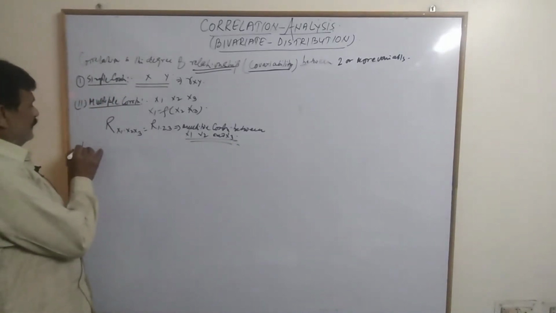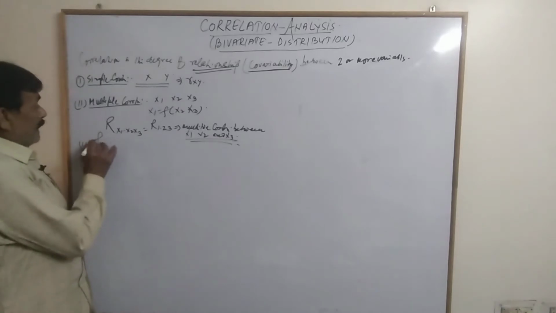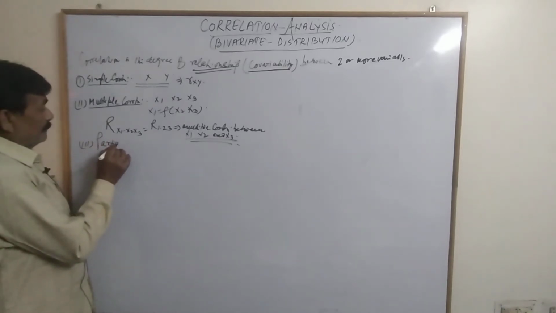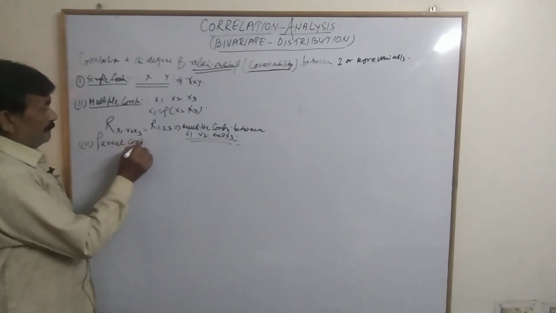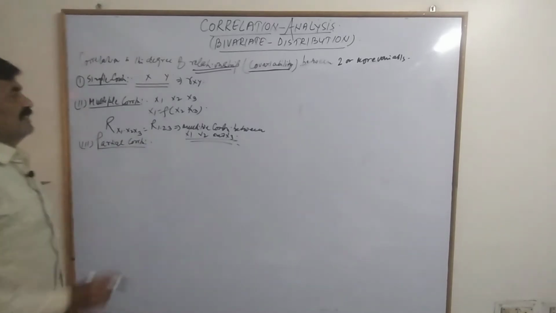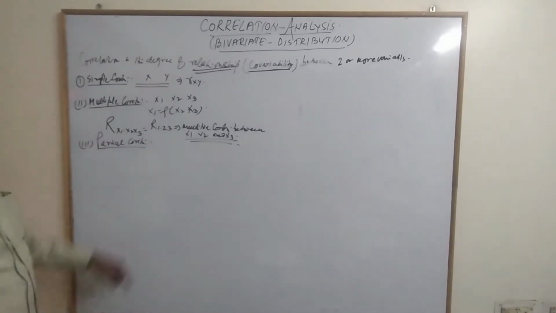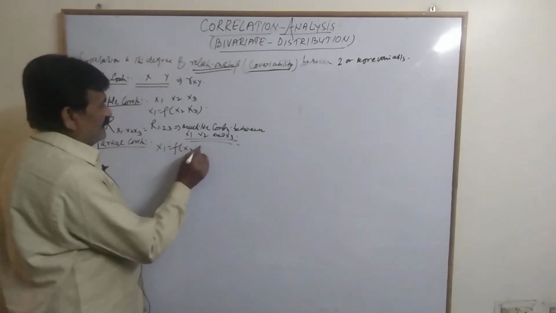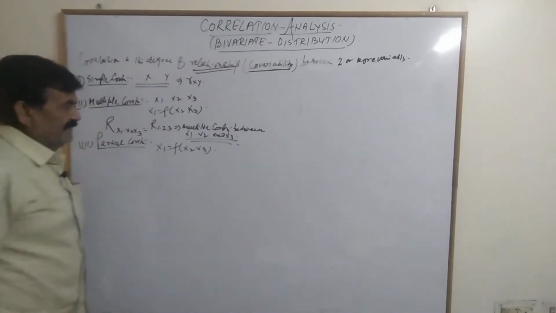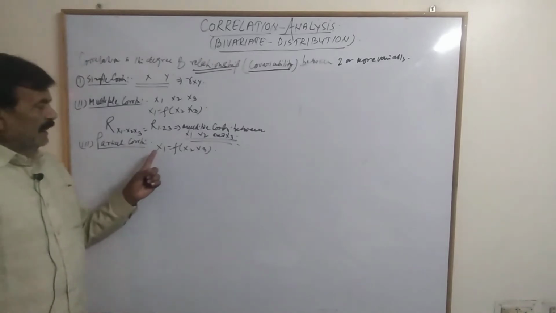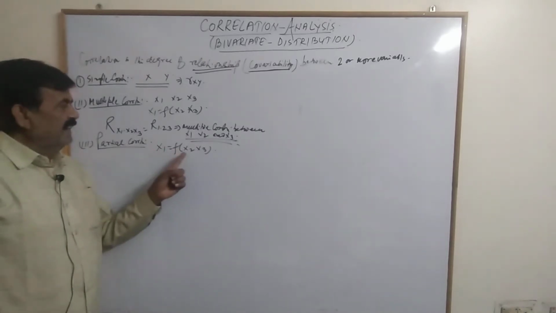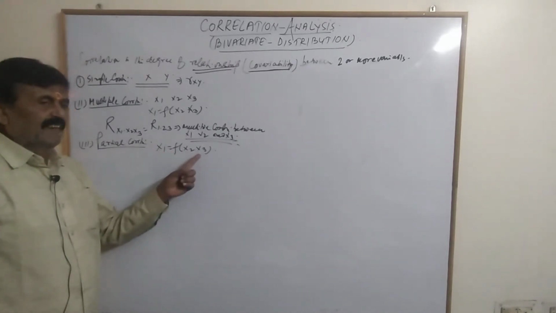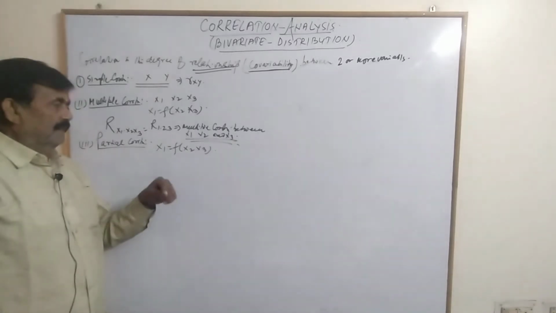And the third type of correlation happens to be partial correlation. This concept emerges from this relationship. Let there be 3 variables related among each other, x1, x2 and x3. Now we might be interested in knowing the correlation between x1 and x2 when x3 is held constant. This is partial correlation.